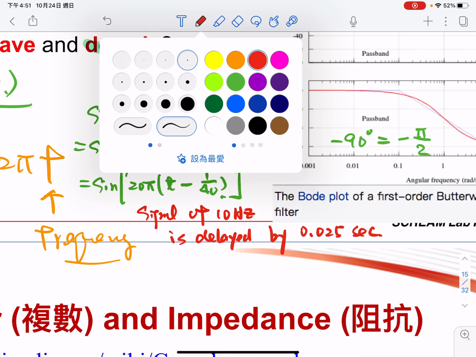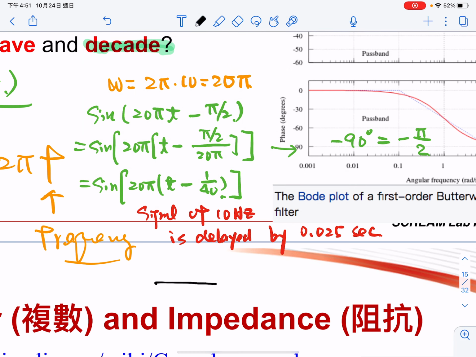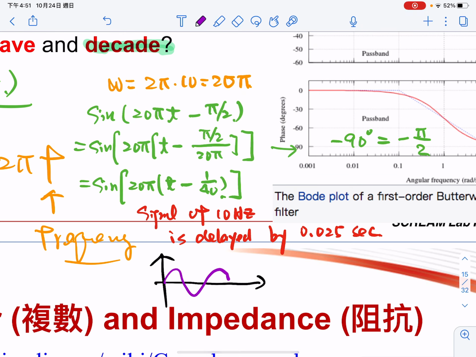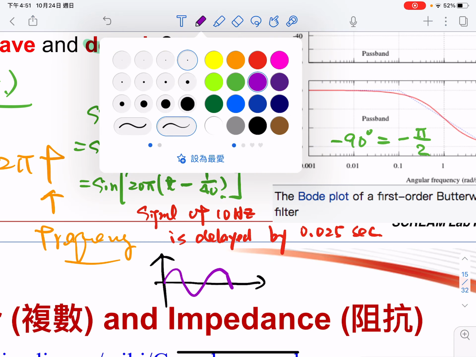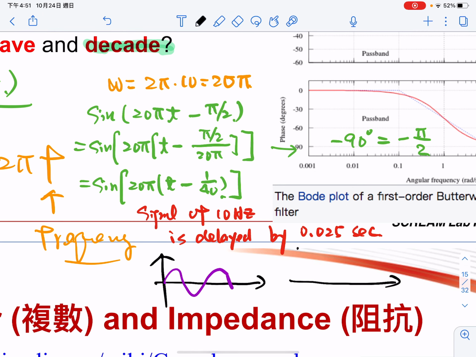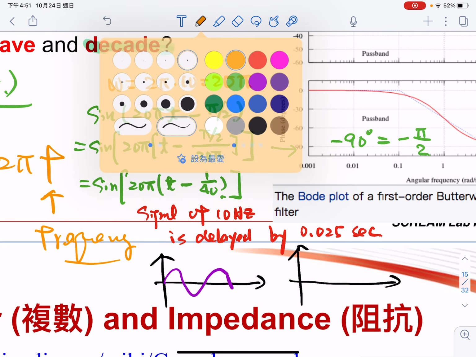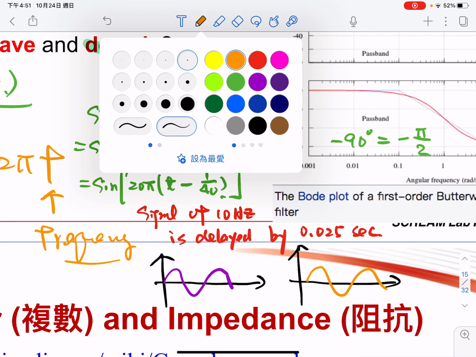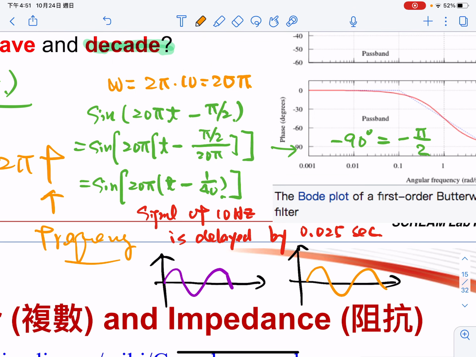Let me draw it. So if I have a sinusoid here, if this is my input, then the signal will be delayed by 0.025 seconds here. This is 0.025 seconds.